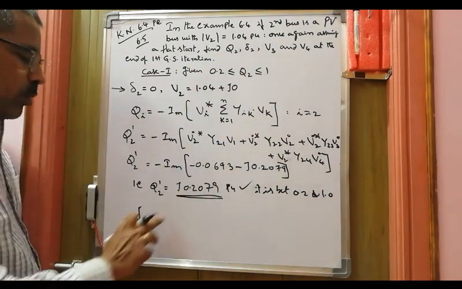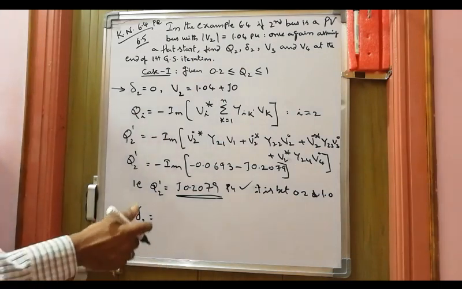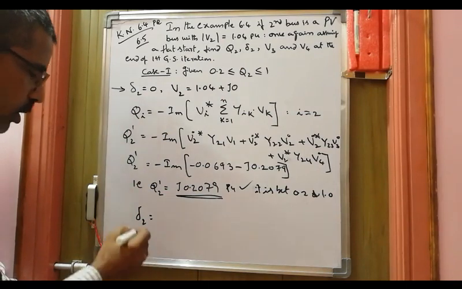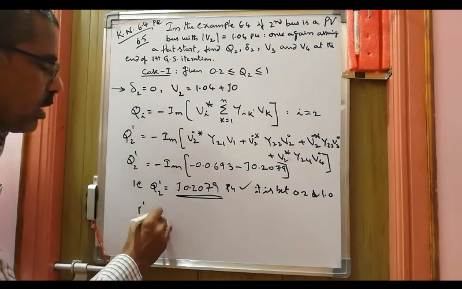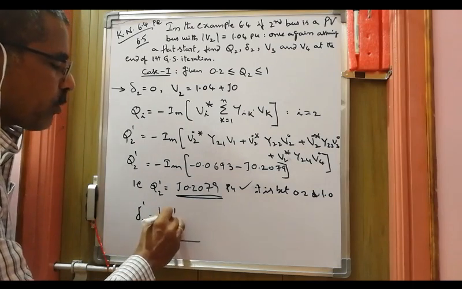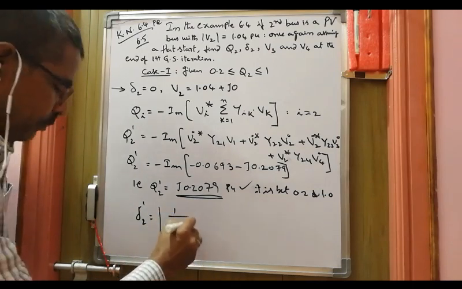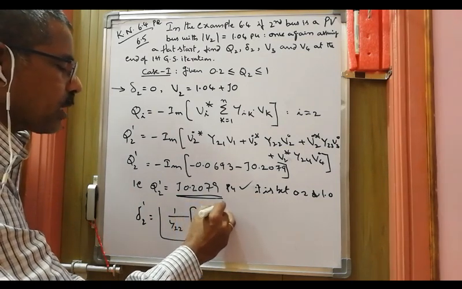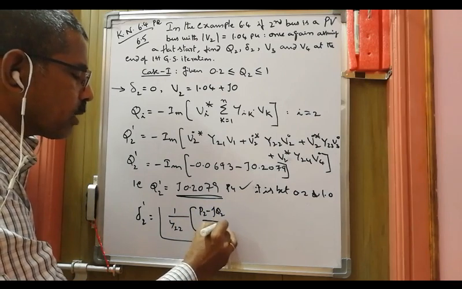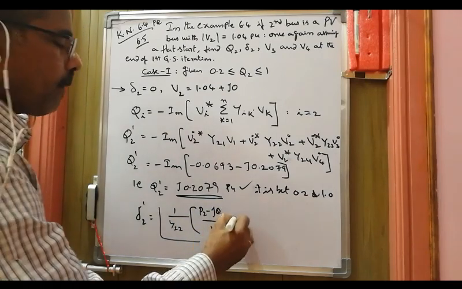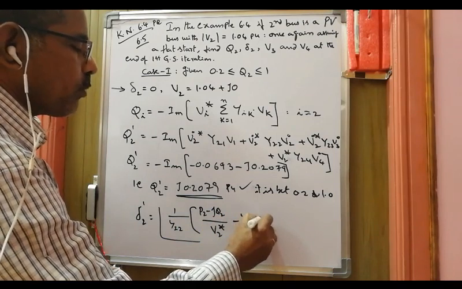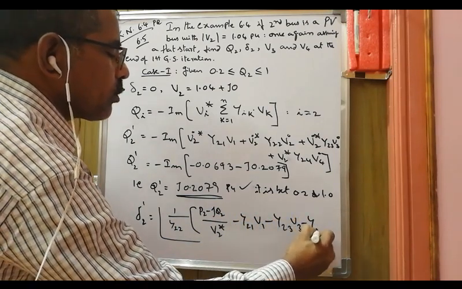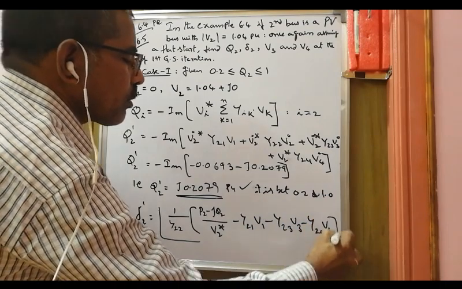Then other variables, like what is delta 2? How do you get delta 2? Delta 2 is the angle of V2. So delta 2 1, I am writing the expression for V2. V2 is 1 by Y22, (P2 minus jQ2) by V2 conjugate, minus Y21 V1 minus Y23 V3 minus Y24 V4.